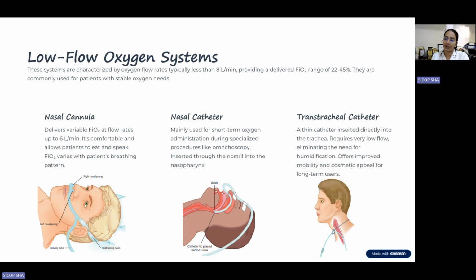After that, we go to the transtracheal catheter. A small catheter is inserted through the trachea into the system. All of this is very rarely done, only if the requirements are like that, but again, not very commonly used.